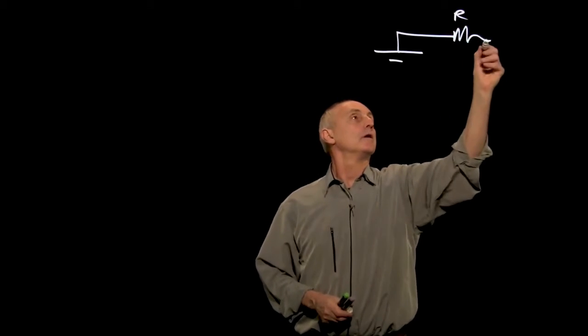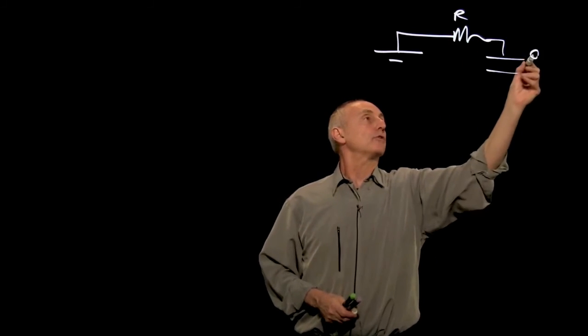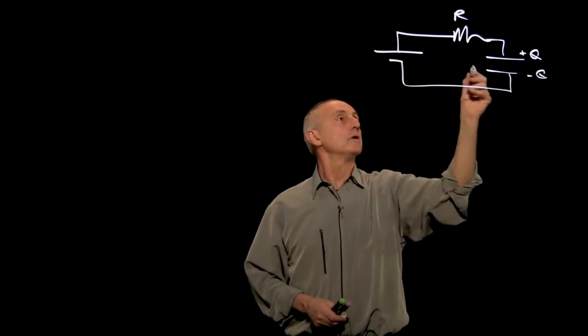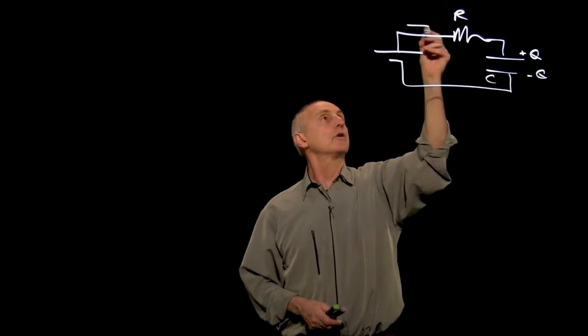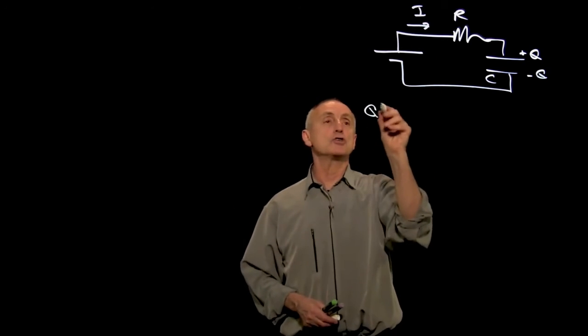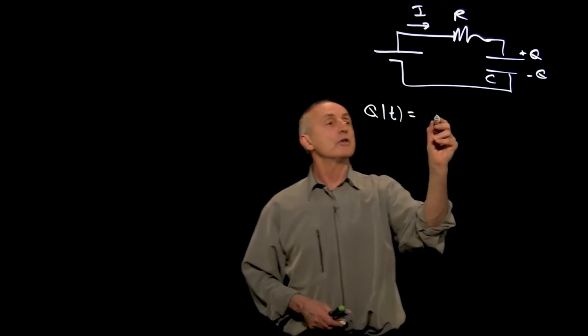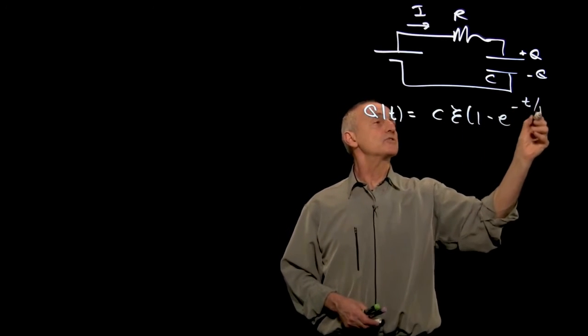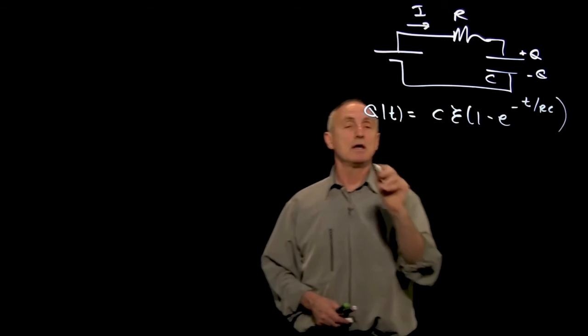When we looked at our charging RC circuit, resistor, capacitor, I'm going to put a plus Q, minus Q on the capacitor, and a current in the circuit, we saw that our solution for the charge was final charge times 1 minus e to the minus t over RC.